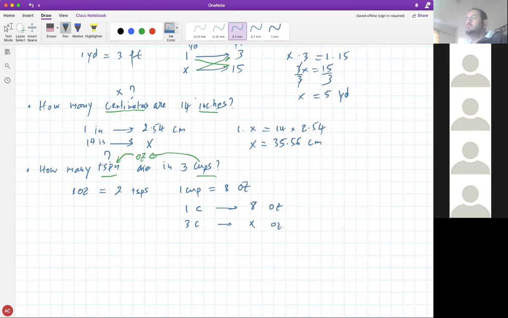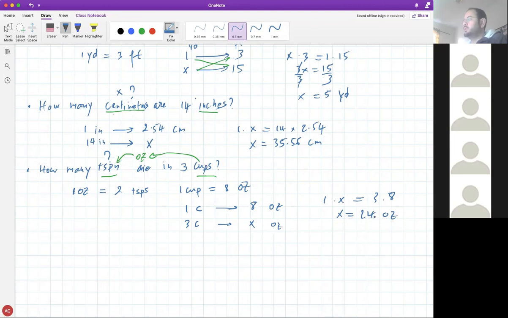Once we have ounces, we know our formula, this one, we can turn those into tablespoons. So again, cross multiplying, 1 times X equals 3 times 8. That means 1X equals 24, 24 ounces. So 3 cups have 24 ounces.